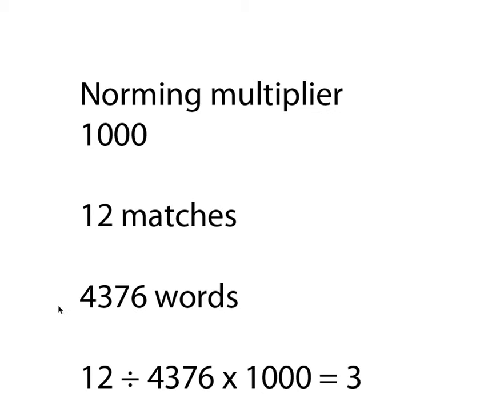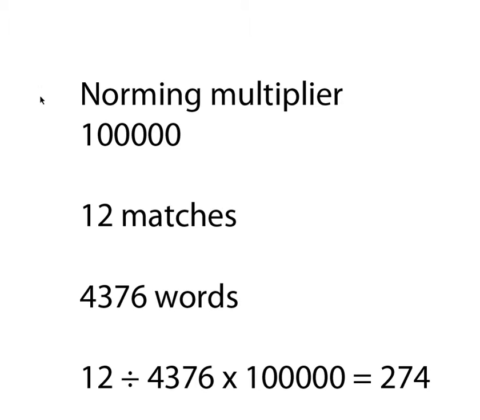What that ends up meaning then is if my norming multiplier is 1,000, I take 12 divided by 4,376 and then I multiply it by 1,000, and that gives me a round number of 3.